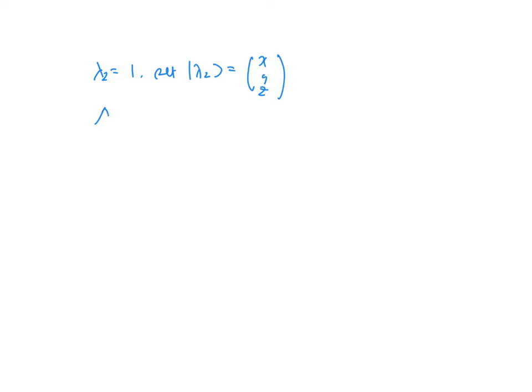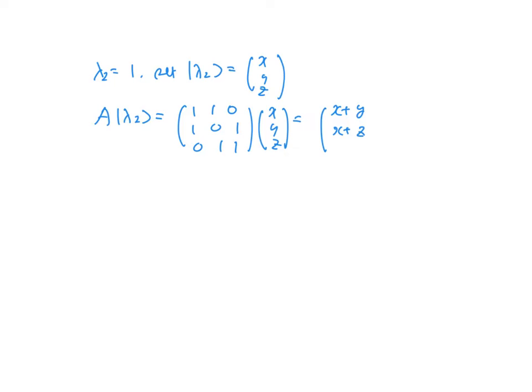So A times lambda 2: 1, 1, 0, 1, 0, 1, 0, 1, 1, times x, y, z is x plus y, x plus z, and y plus z, which is simply x, y, z.